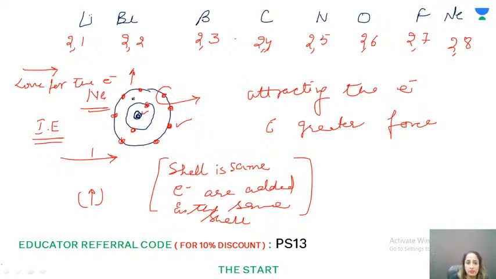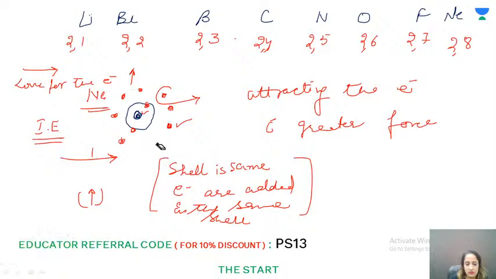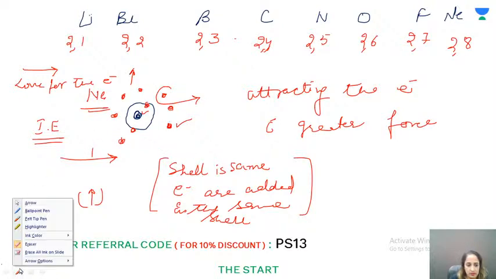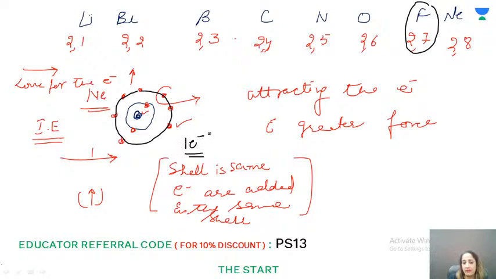Why? Let's take the example of a halogen, fluorine, which has 7 electrons. It needs only 1 electron, so it will be needing that 1 electron like anything.